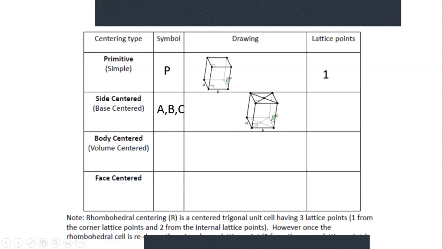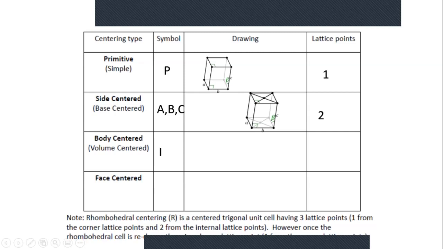And so with side centering, you can have a total of 2 lattice points. Because remember, each corner connects to 7 other corners, so that's 1/8, and there are 8 corners, that's 1. And each face touches another face, so an atom on a face represents half of an atom. Since there are 2 halves, that adds to 1, so 1 plus 1 gives us 2.